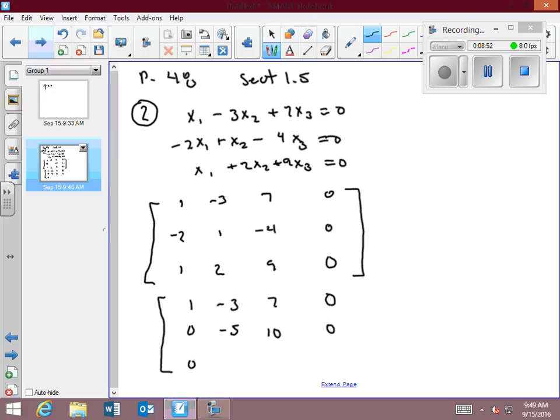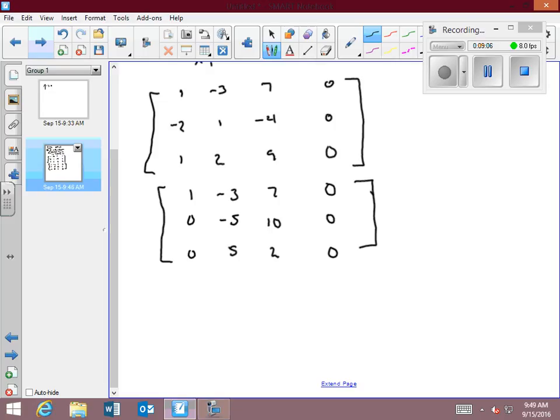Minus, probably the easiest thing to do there is divide that second row by -5. That's what I'm going to do. I've already done something.